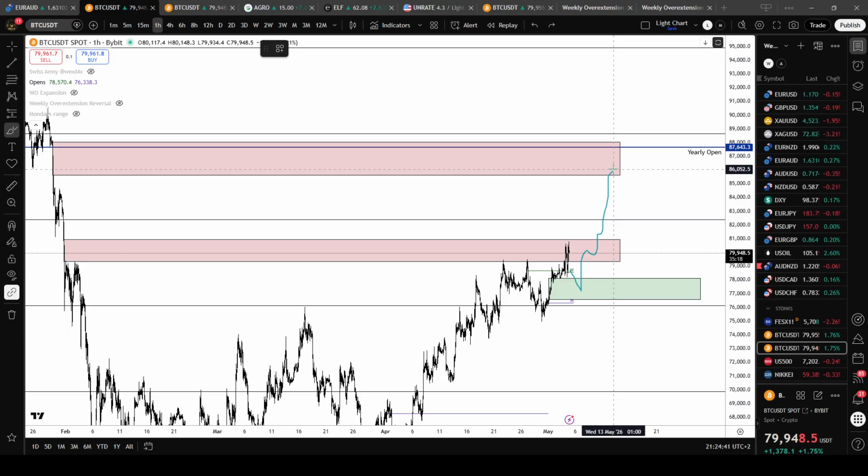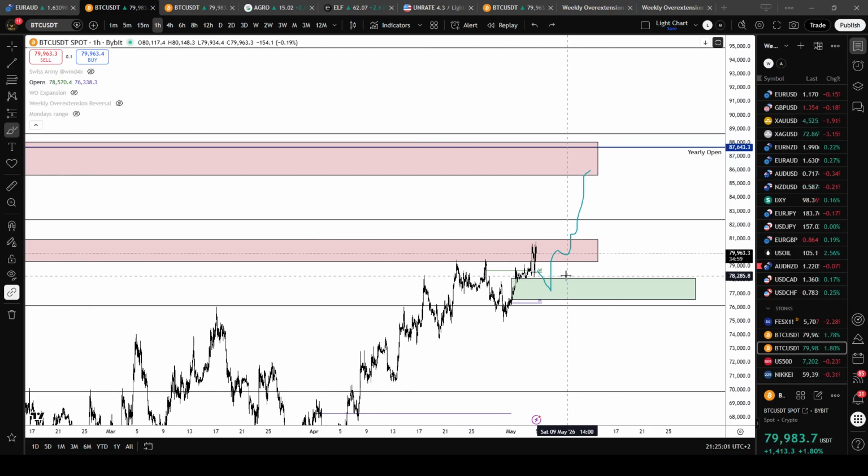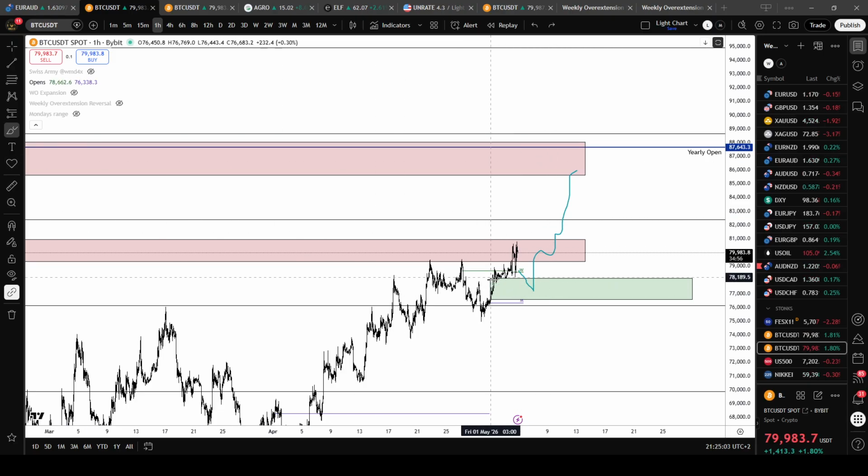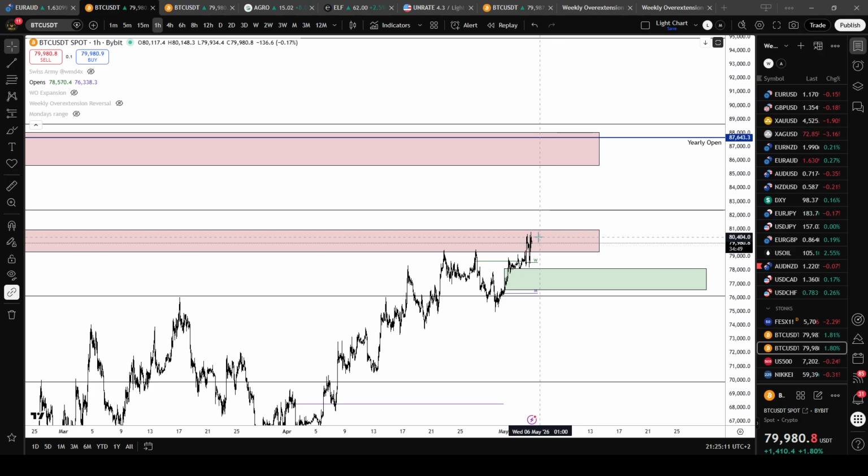I'm not looking to engage short or swing short until we trade into this area here, just around the yearly open. Doesn't have to tag the yearly open, but strong selling happen just around that level. Or I want to buy a pullback into this daily imbalance, which will be healthy for a push higher. But I don't want to buy nor sell at the current price the market is offering.